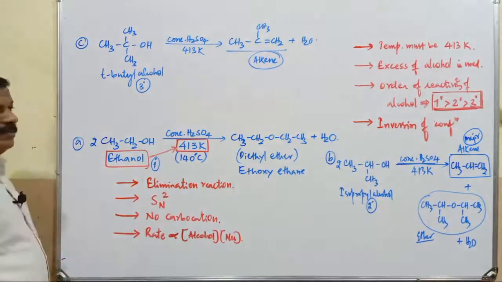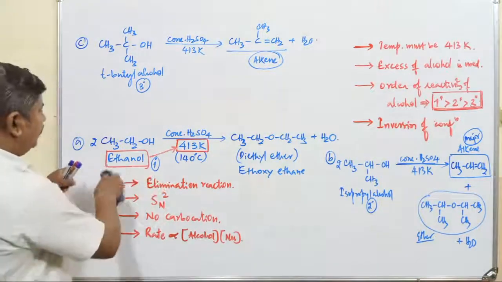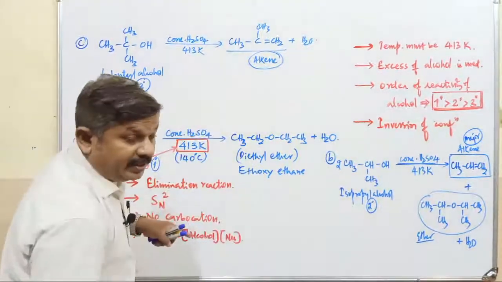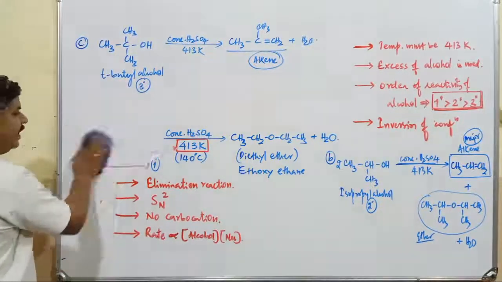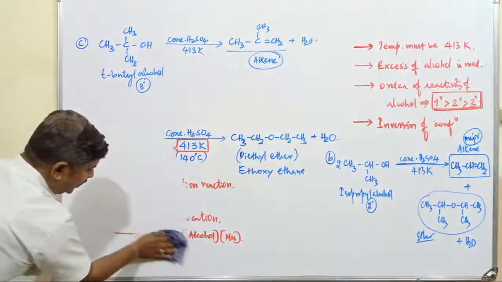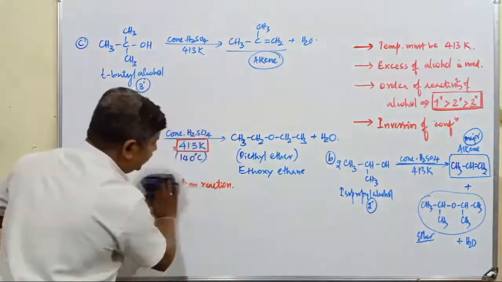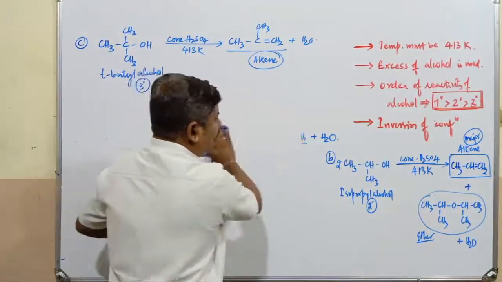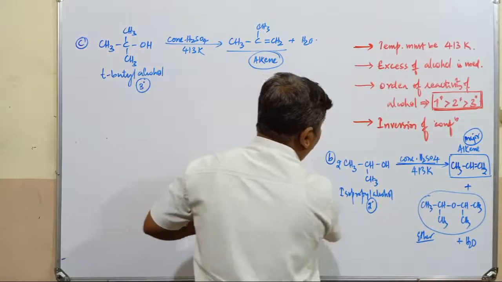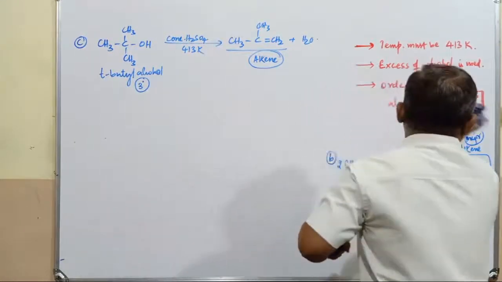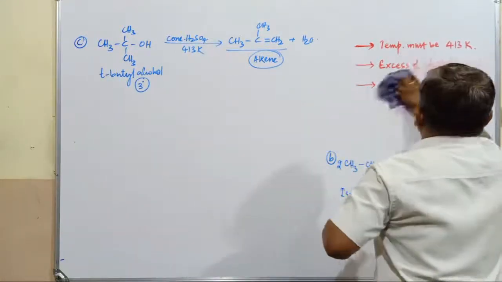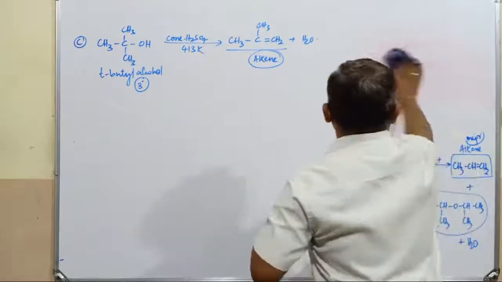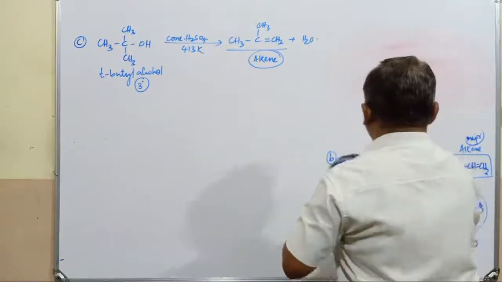Now we have to discuss the mechanism involved in the conversion of alcohol into ether compound. Remember these 2 points. It follows SN2 mechanism. Inversion of configuration is going to be there. It follows a bimolecular reaction, and in this method to get ether, the alcohol must be which one?